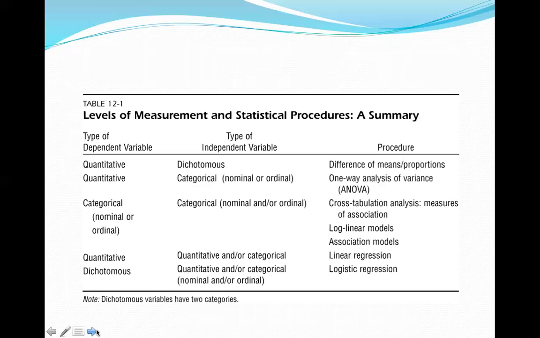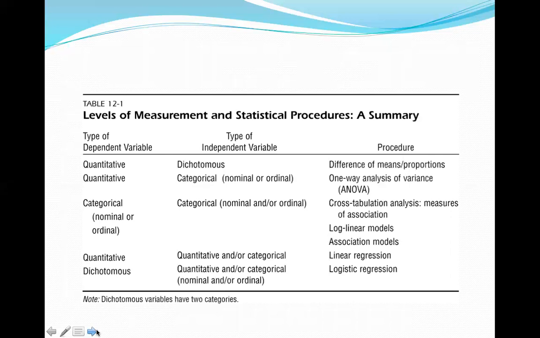So looking at the first row, a quantitative dependent variable, that in this example means something like ratio or interval, with the dichotomous independent variable, something that would make sense to do would be a difference of means and difference of proportions test, which was very similar to what I was doing.